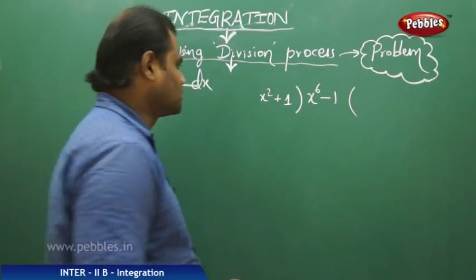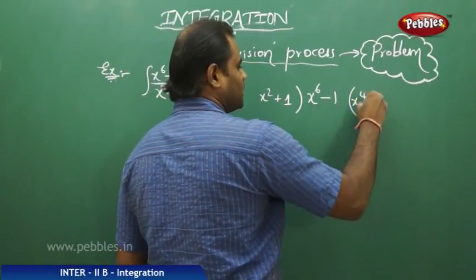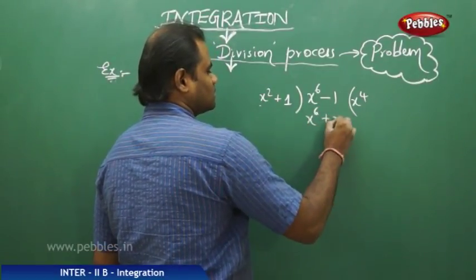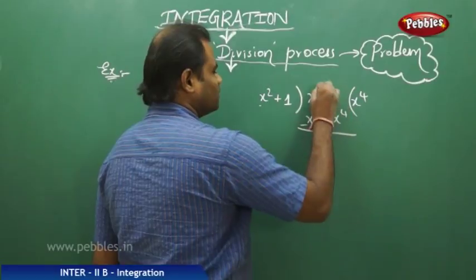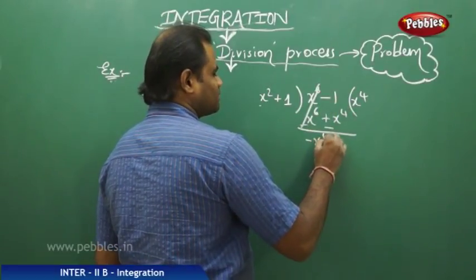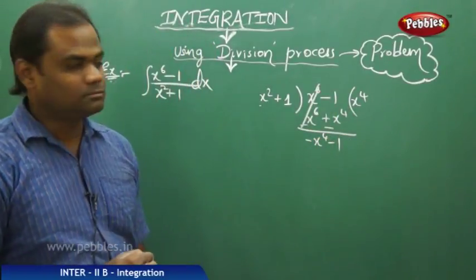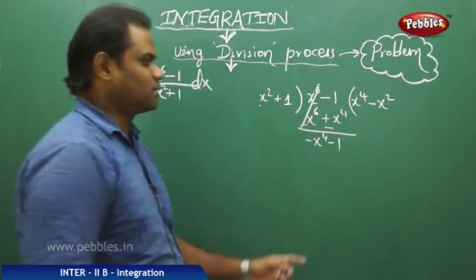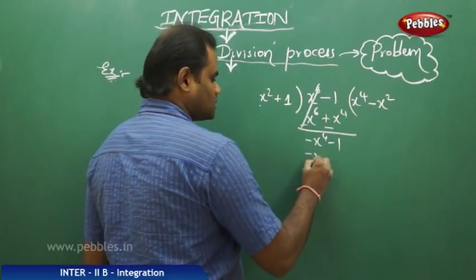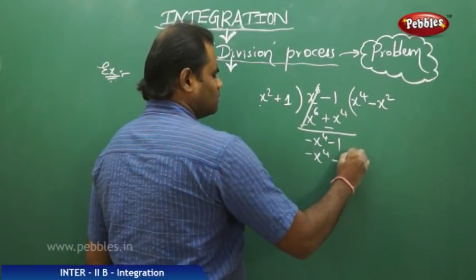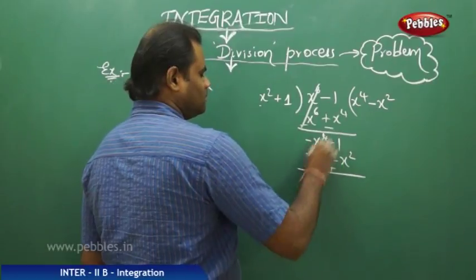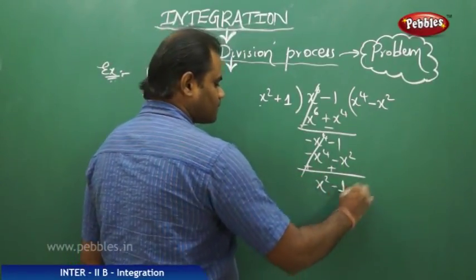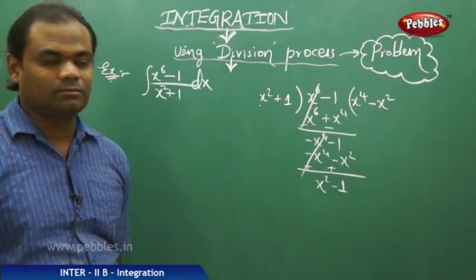Now clearly we know that this, when multiplied with x power 4, gives x power 6 plus x power 4, which on subtraction gives this minus 1. And then this, when multiplied with minus x squared, gives minus x power 4 minus x squared, which on adding gives x squared minus 1.